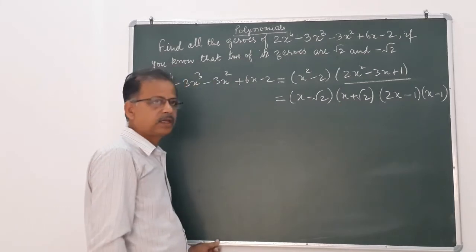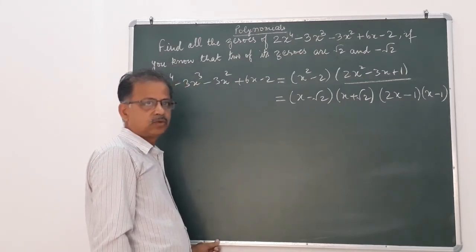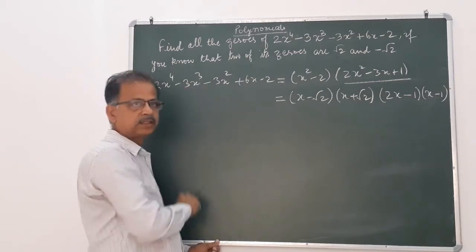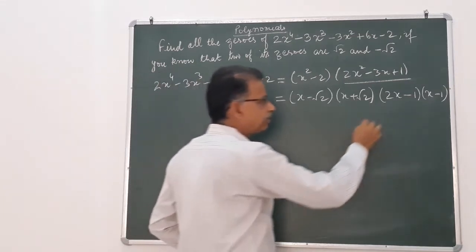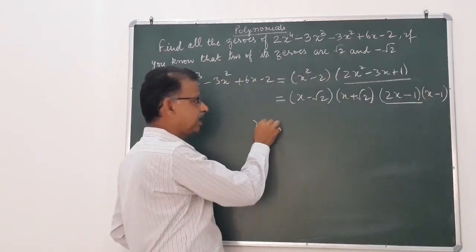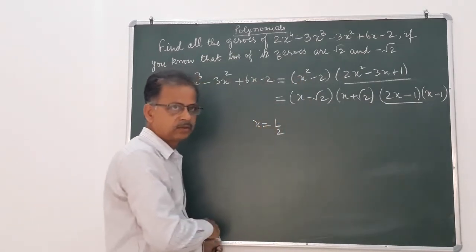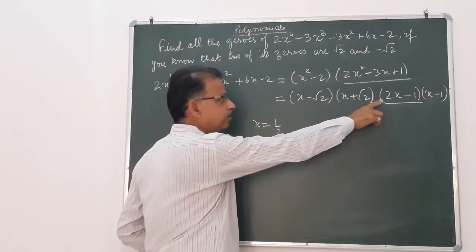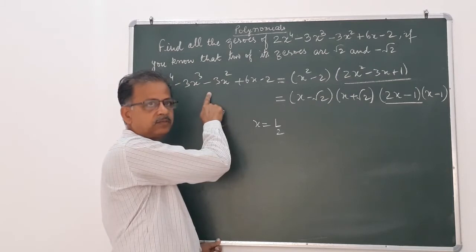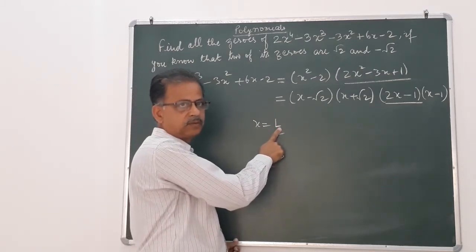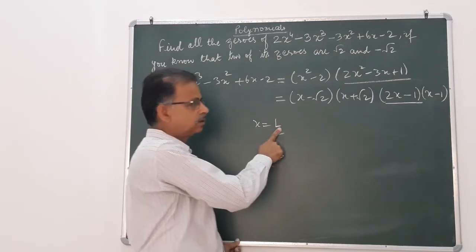Now we have to find those values of x for which the value of this polynomial is 0. So if we put 2x minus 1, we get x is equal to 1 by 2. It means when we put x equal to half in this polynomial, the value of this polynomial will be 0. It means x is equal to half is a zero of the polynomial.